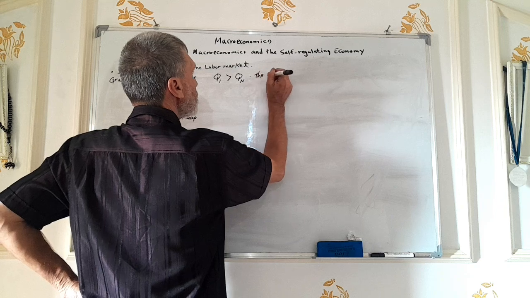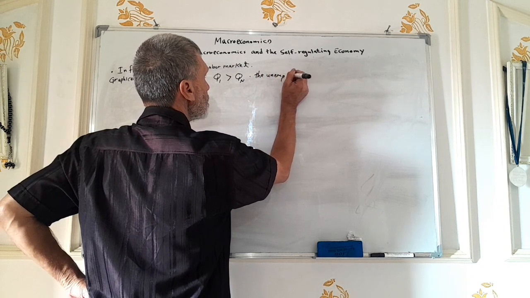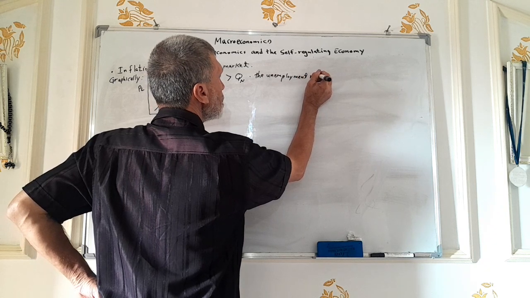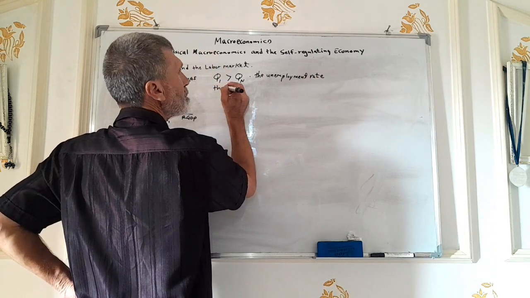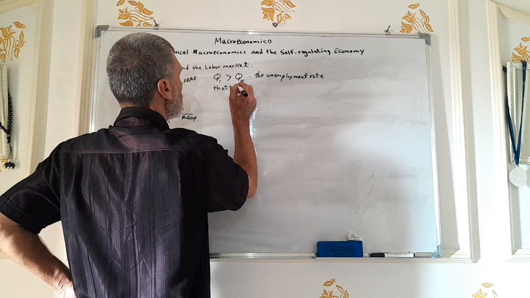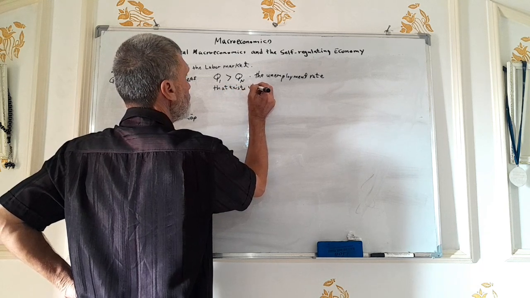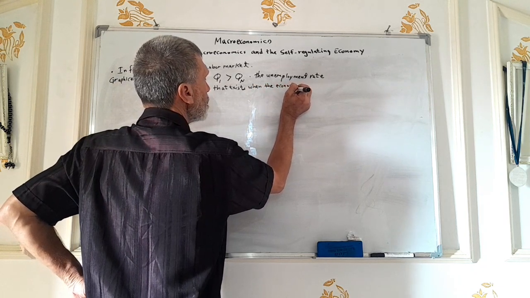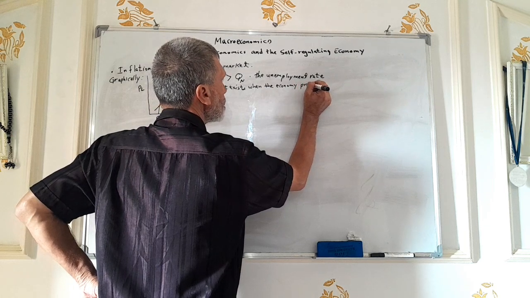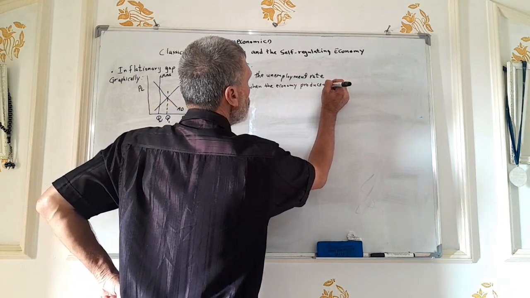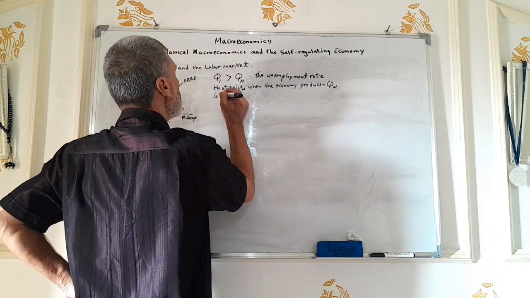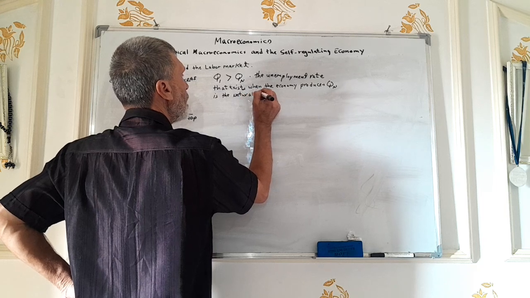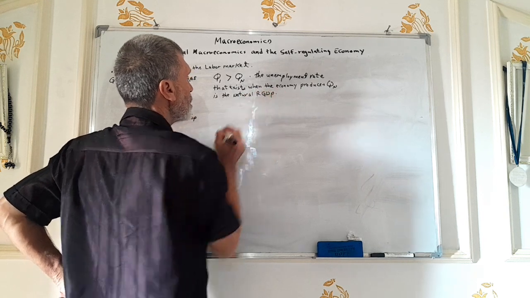The unemployment rate that exists when the economy produces Qn, the natural real GDP, is the natural unemployment rate.